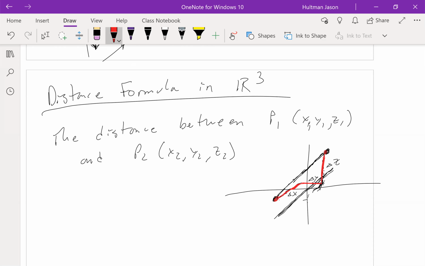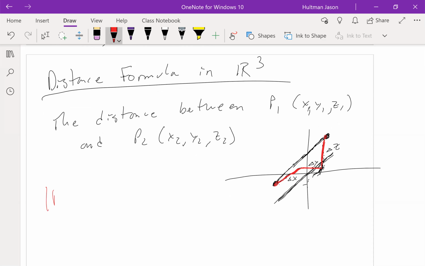So how will we do this in two space? In two space, we would use the Pythagorean theorem. We say that the distance between P1 and P2, absolute value is distance, okay? This is not the absolute value of a product, this just is the distance between P1 and P2.